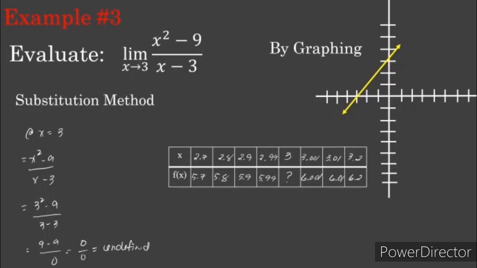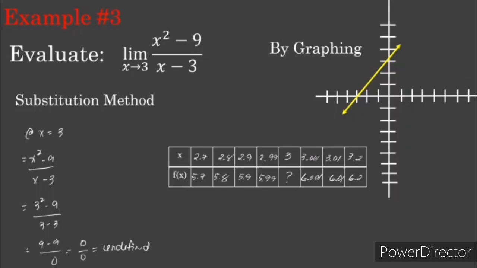Dito sa table of values natin, sa pag-estimate natin ng limit, kung mapapansin ninyo, habang papalapit ang value ni x kay 3, ayan, meron tayong 5.7, 5.8, 5.9, 5.99, 6.2, 6.01, 6.001. Habang papalapit yung value ng x natin kay 3, the value of the function or the limit becomes what?